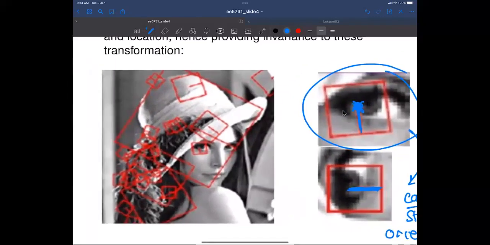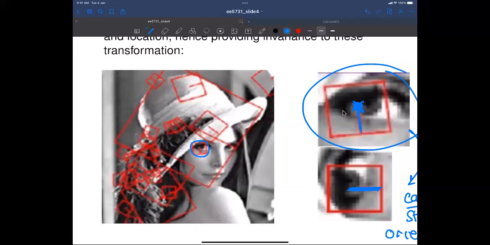There is a big square and a small square, right? So what does it mean by small square and big square? Anyone? The smallest that you can find is this one, around the eye.